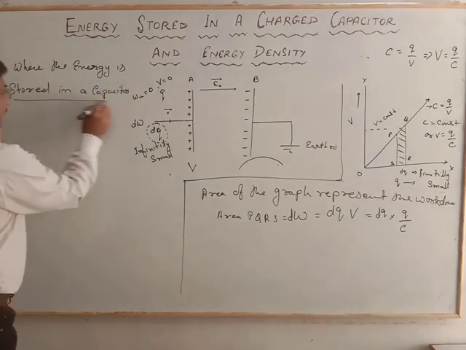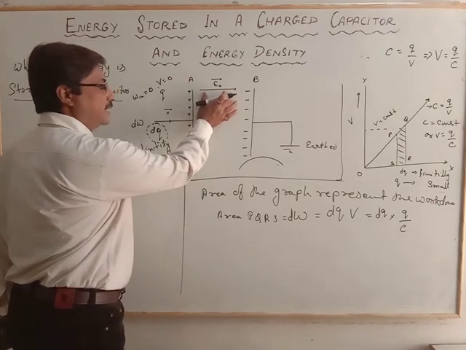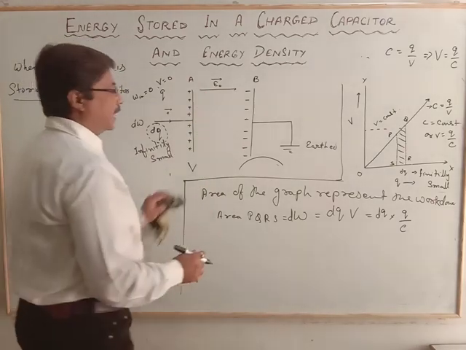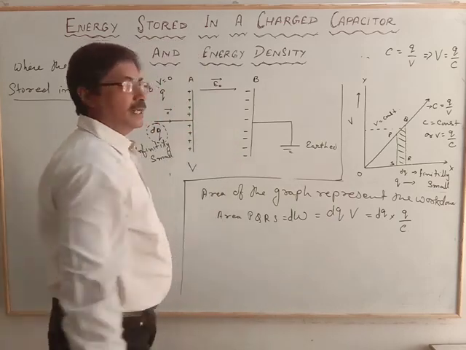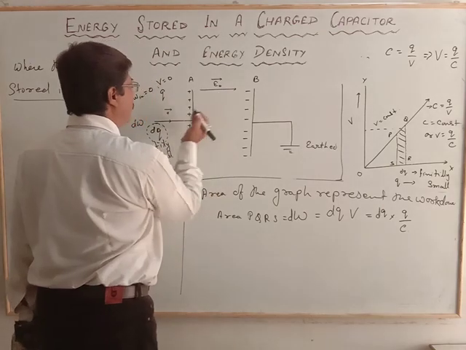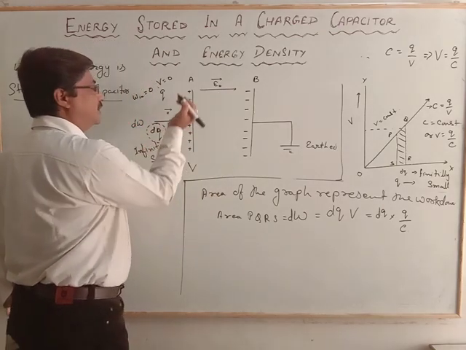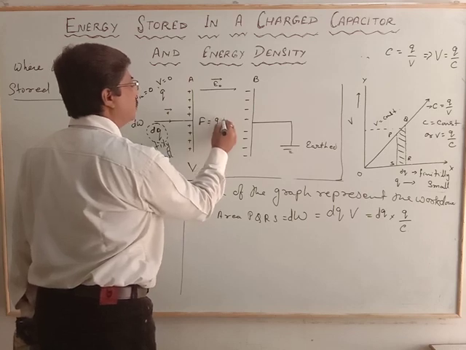In that case, just see, there is the energy, there is the electric field, and the electric field is the region where the energy is placed. How is it? The electric field gives the force experienced by the charge which enters the plate, and that force is equal to charge times the electric field.